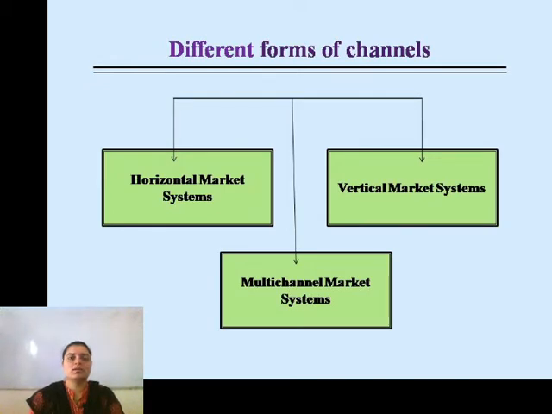All this is possible as long as all the distribution functions are carried out effectively by various units under an integrated management. A horizontal marketing system is an association of two or more companies at a similar level to pursue new marketing opportunities.